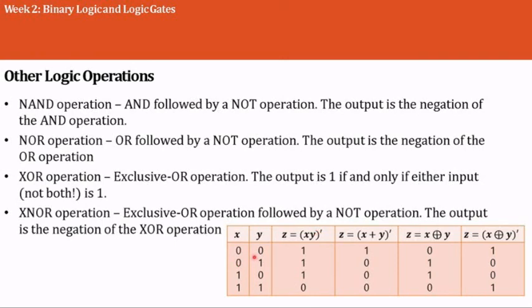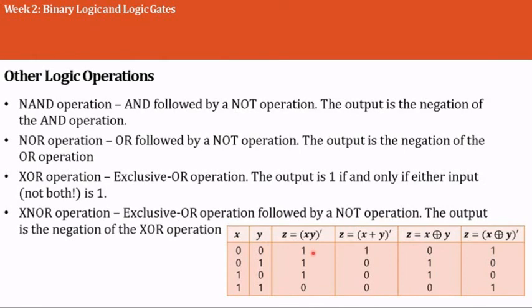For example, 0 and 0 is 0, and the complement of 0 is 1. 0 and 1 is 0, and the complement of 0 is 1. 1 and 0 is 0, and the complement of 0 is 1. And 1 and 1 is equivalent to 1, and the complement of 1 is 0. So it is the opposite of the AND operation.